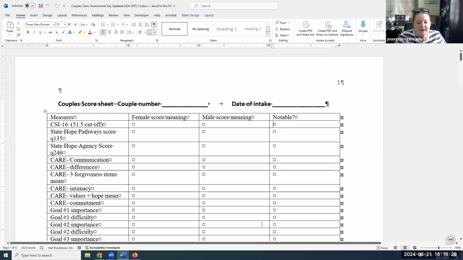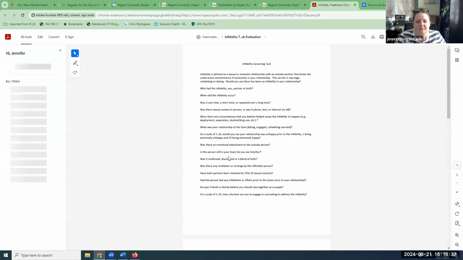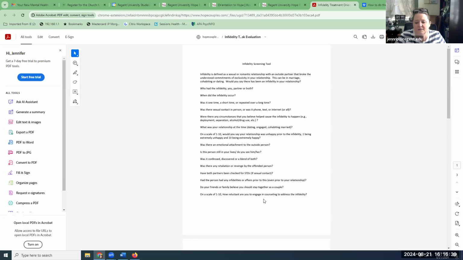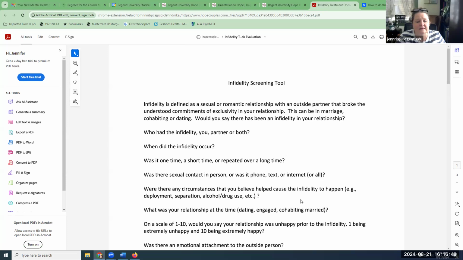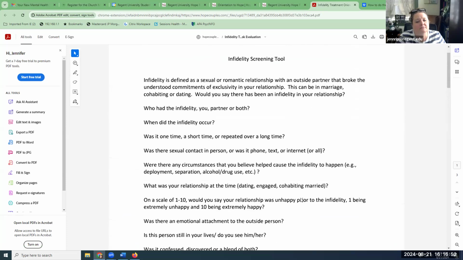One more thing I'm going to point out, just as a bonus: we do have a couple of tools if you have issues popping up of infidelity and domestic violence. This infidelity screening tool is a set of questions. Generally, you ask these questions individually of them. It would be very, very rare to do them together.